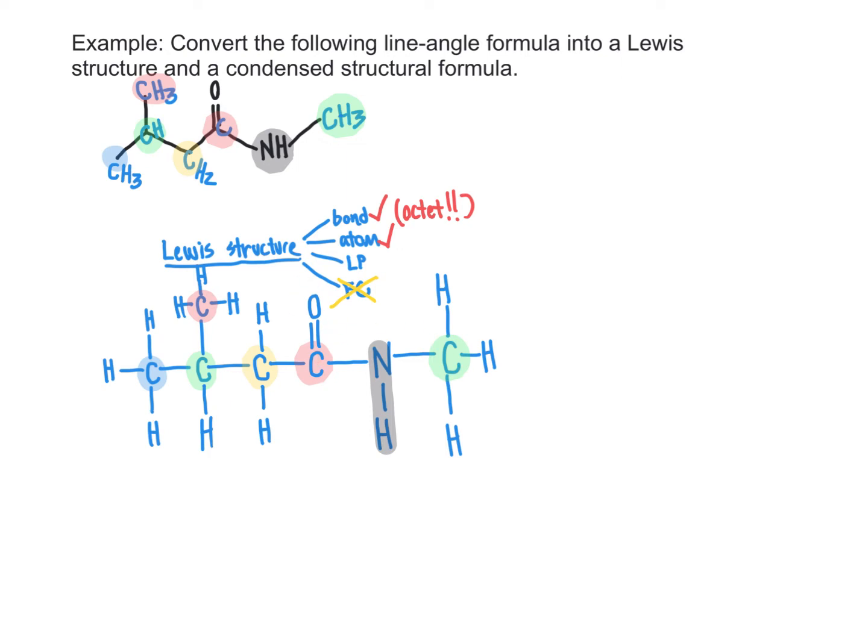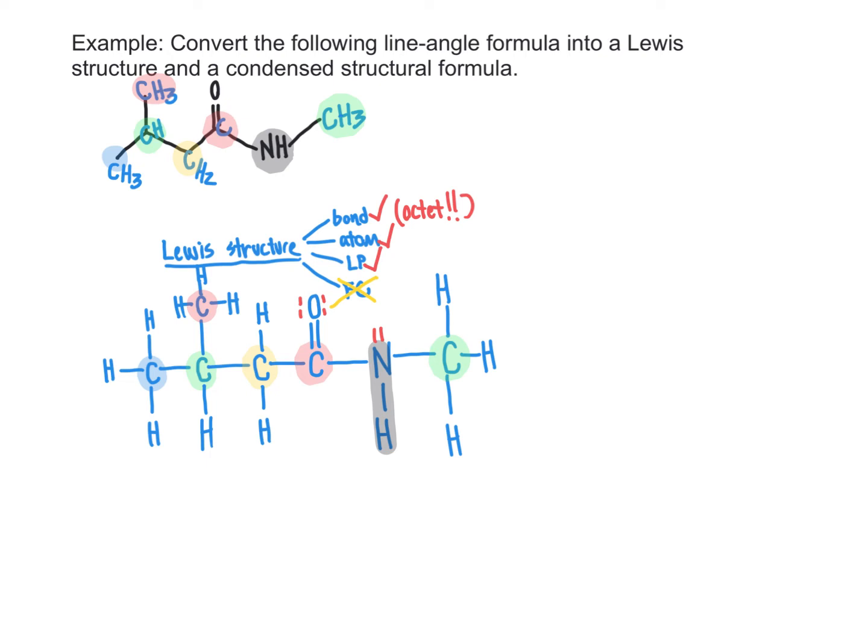Oxygen atoms will have 2 covalent bonds and 2 sets of lone pair electrons. We have a double covalent bond here to take care of the covalent bonds, and then we're going to need 2 sets of lone pair electrons as the route to have an oxygen atom with no formal charge. And then we come over to the nitrogen here, and we learned that nitrogen, if it has 3 covalent bonds, which it does, and a lone pair of electrons, that is its route to having no formal charge.